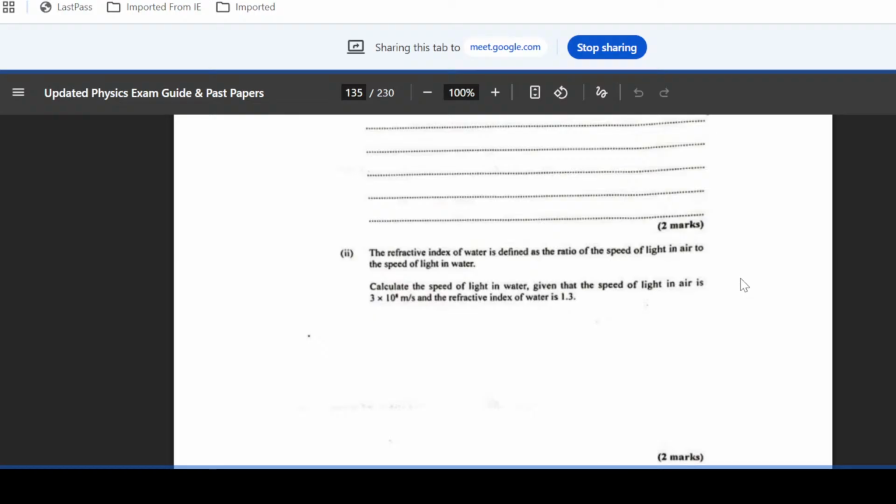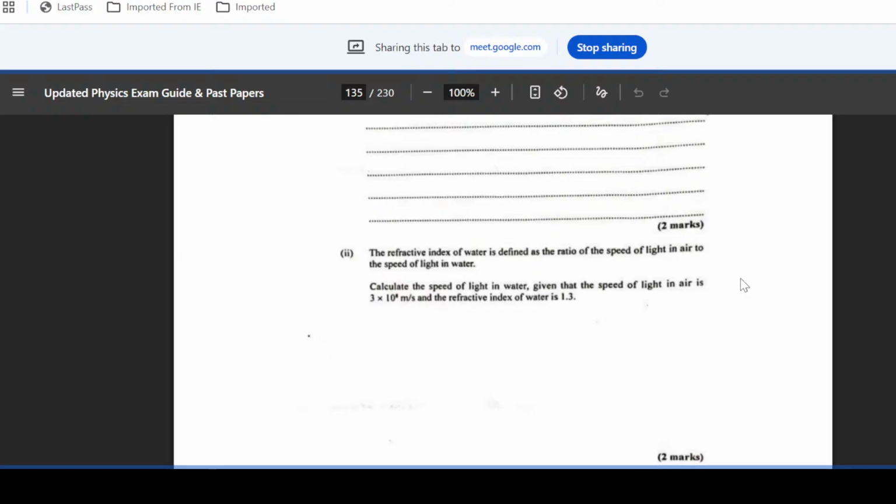So before you even give me a value, what's the transposed equation? Yes, go ahead. Sir, V2 would be equivalent to V1 upon n.